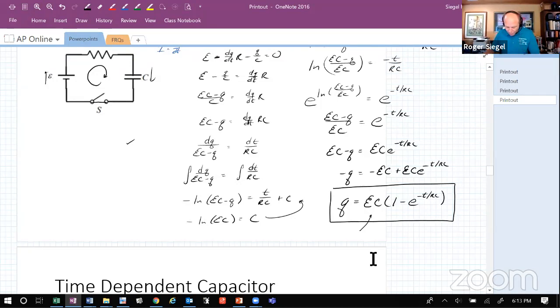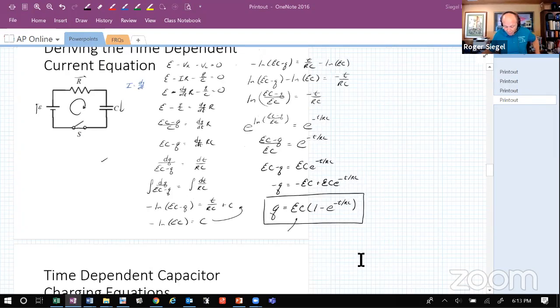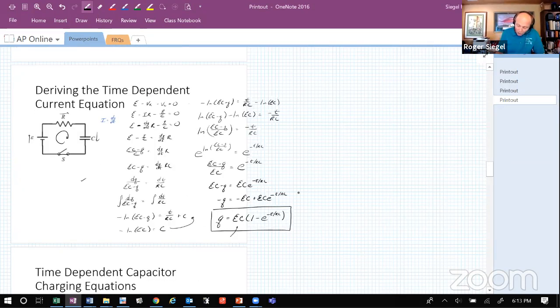Now, you might have seen this elsewhere. This is a very common form, and what I'm talking about is it's called an exponential approach. And so when we have the form of Q is equal to a constant K times 1 minus E to the minus another constant rho T, that's going to give us what's called an exponential approach.